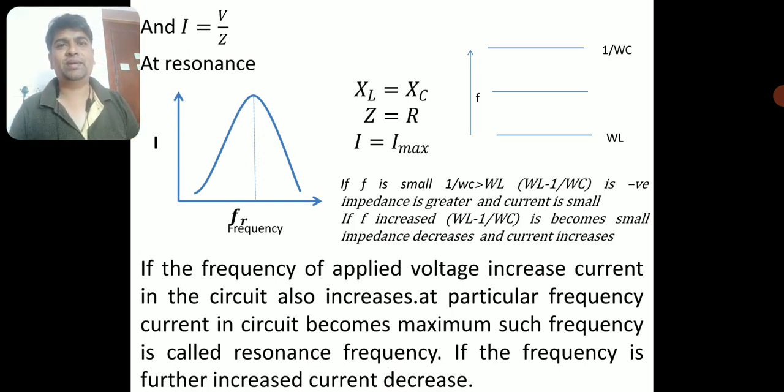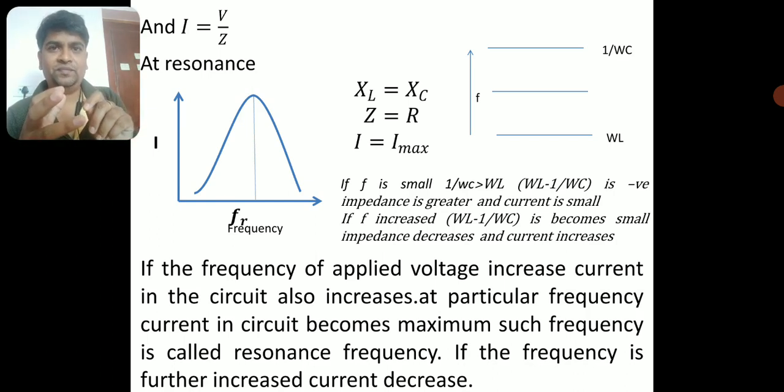Why is it happening like this? Why is current increasing, attaining maximum value and then decreasing in the series LCR circuit? I will analyze this. Suppose if f, the applied frequency which I am giving, is very small.